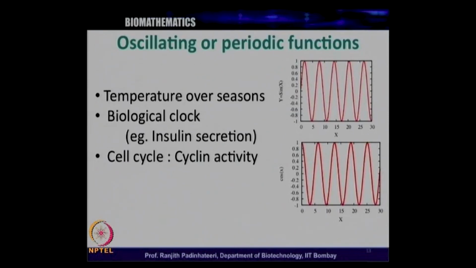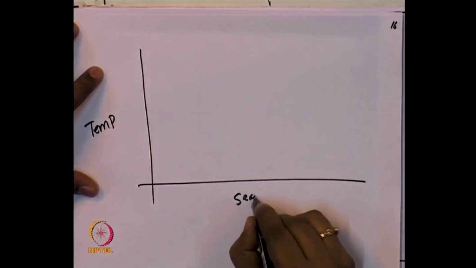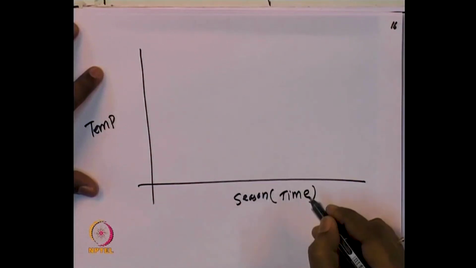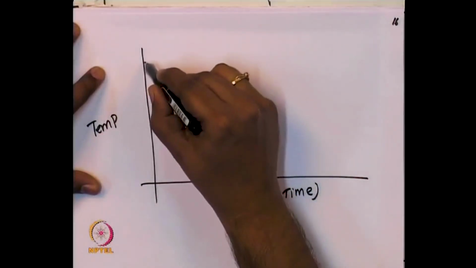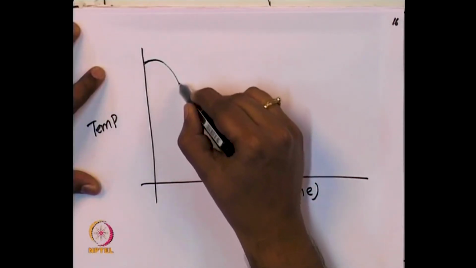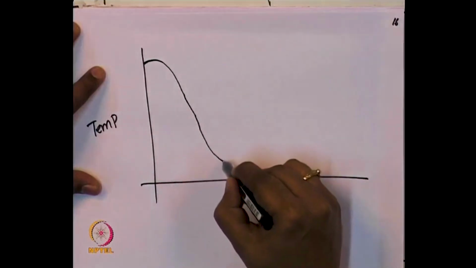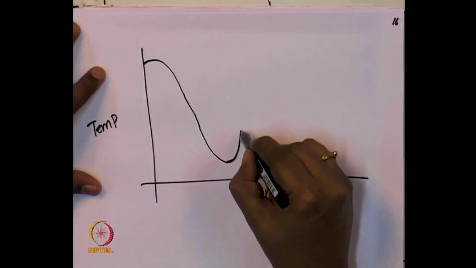So temperature in the summer is maximum, and so let's have a look at it. If you plot temperature and then season, time, you will see that temperature in summer is maximum, and as the rainy season comes, temperature decreases, and as the winter comes, temperature reaches a minimum value in January, then it again increases.